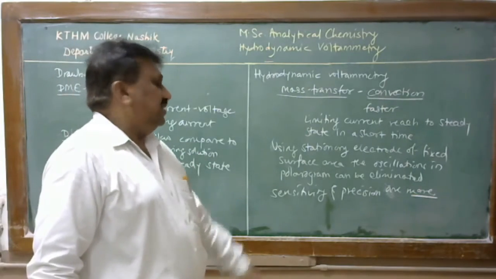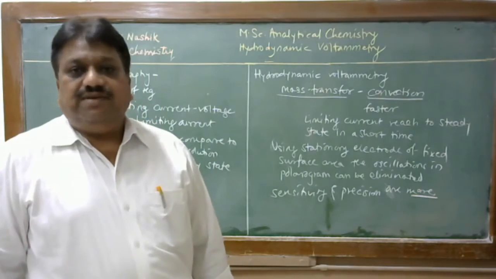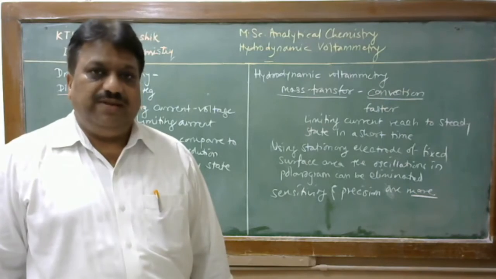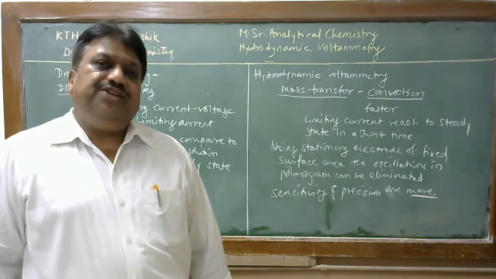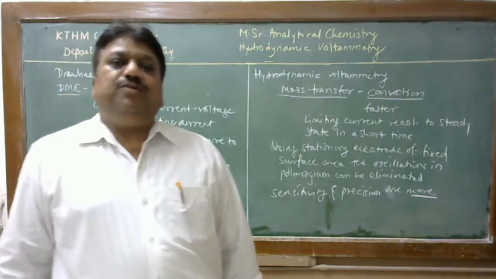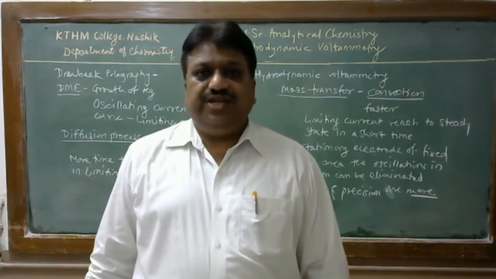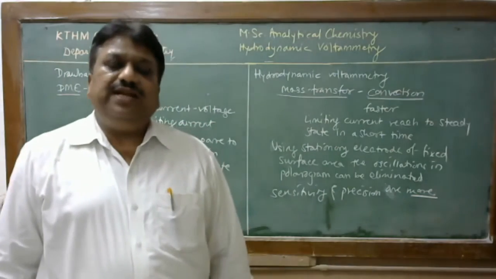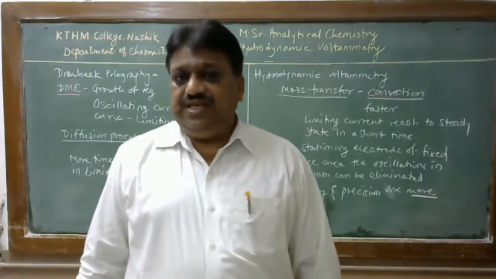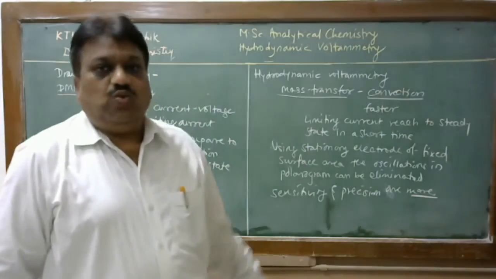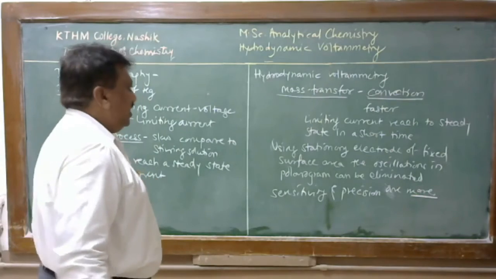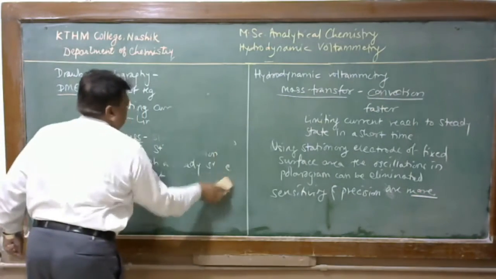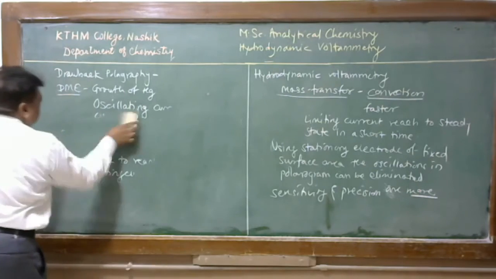And second thing is that sensitivity as well as precision is more in hydrodynamic voltammetry. In addition to this, in hydrodynamic voltammetry, we are using a stationary electrode of fixed surface area that automatically eliminates the oscillations in the current voltage curve. And therefore, hydrodynamic voltammetry is superior to polarography.